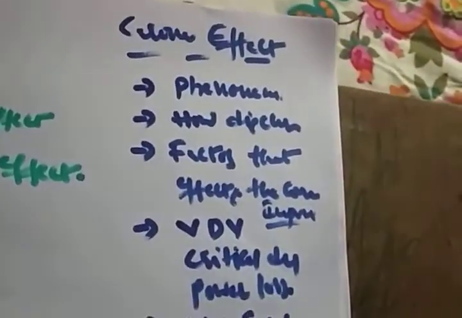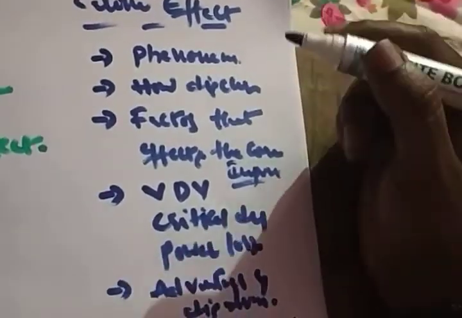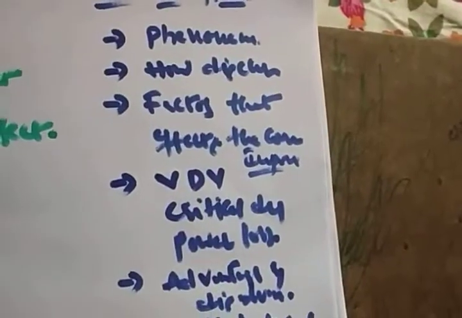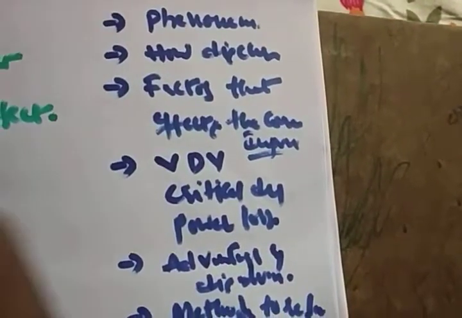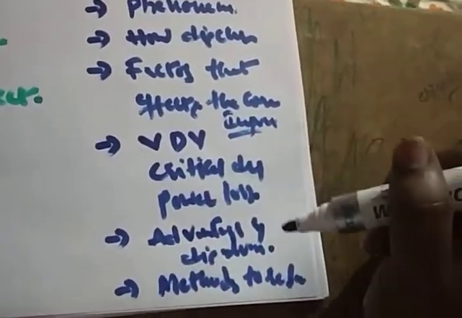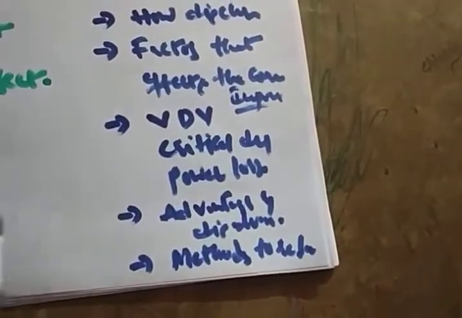In this we are going to discuss the phenomena of corona, and how the corona discharge forms in a transmission system. After that, the factors affecting the corona, and some important terms while designing your transmission system to avoid corona: visual disruptive voltage, critical disruptive voltage, and power loss conditions.